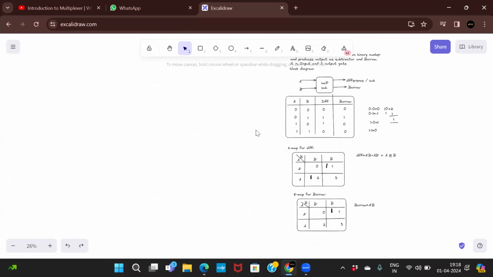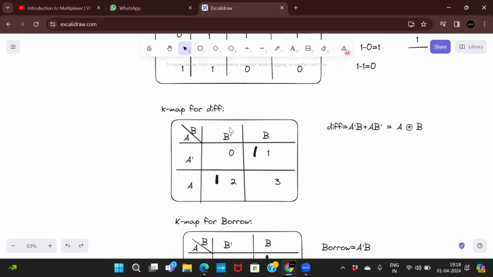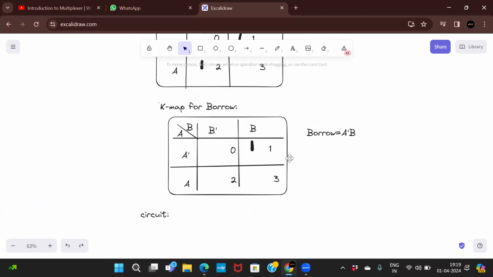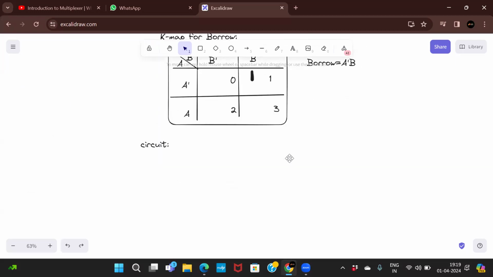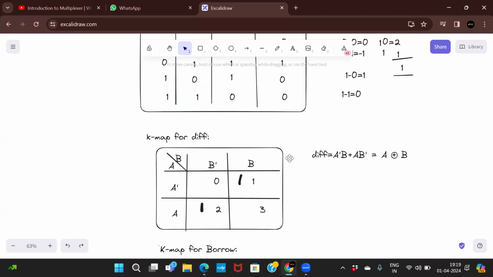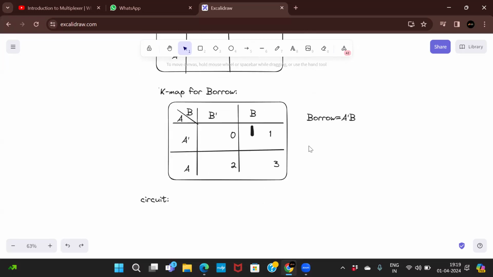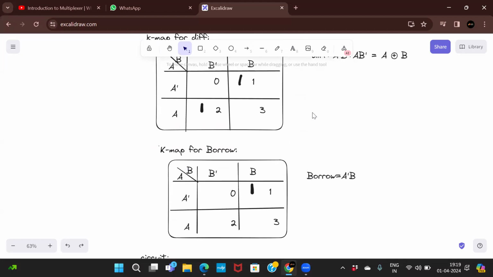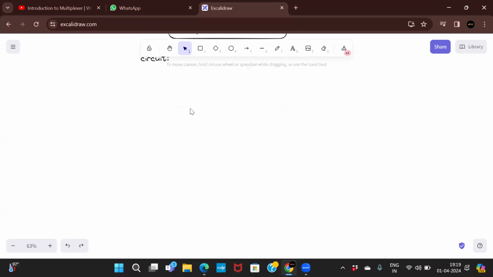So we got the two expressions, and based on them we need to design the circuit. How many inputs do we have, and how many gates do we require? Two inputs, one XOR gate and one AND gate. That's right. Consider the inputs A and B. We need one XOR gate and one AND gate.